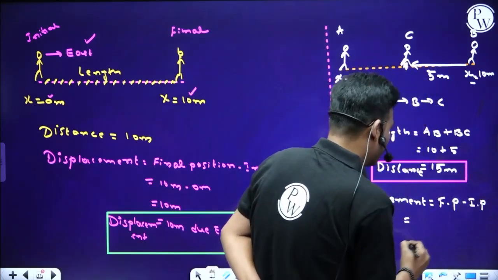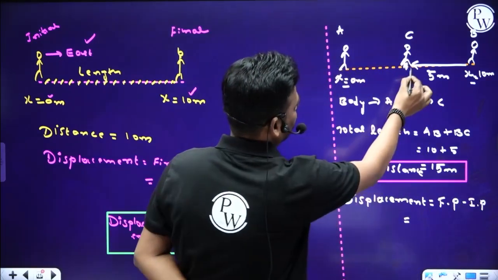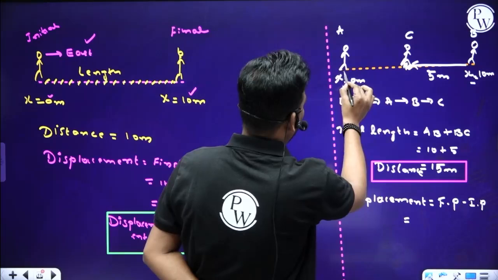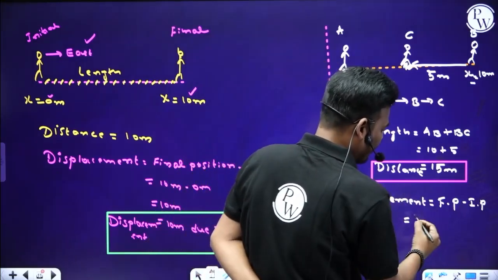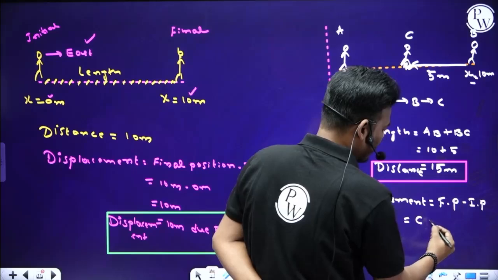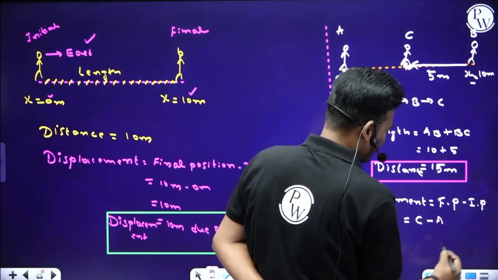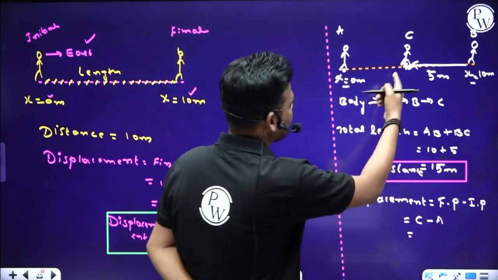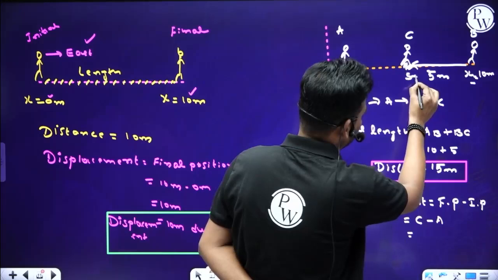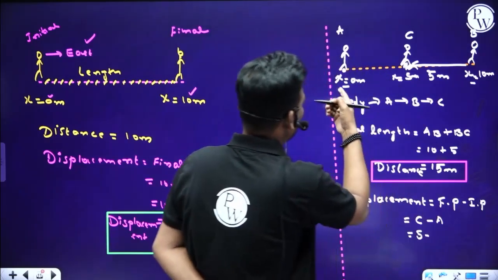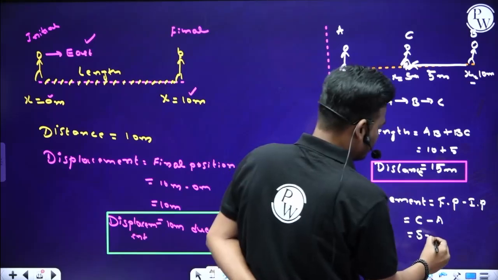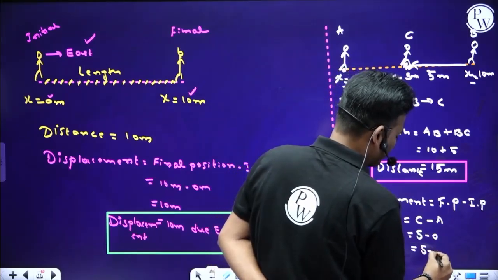The final position is C and the initial position is A. Position C is x equals 5 meter. So 5 minus the initial position, which is 0, that means 5 meter.